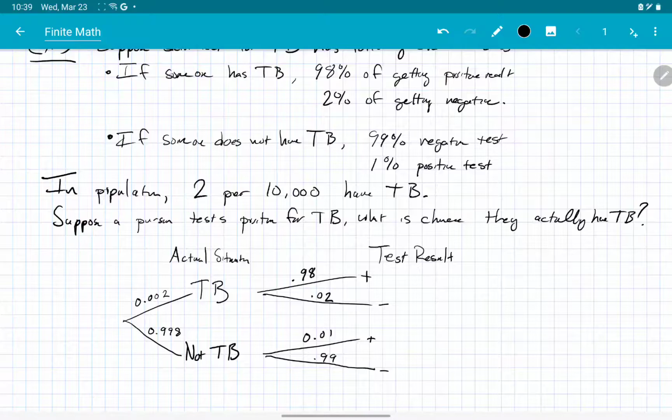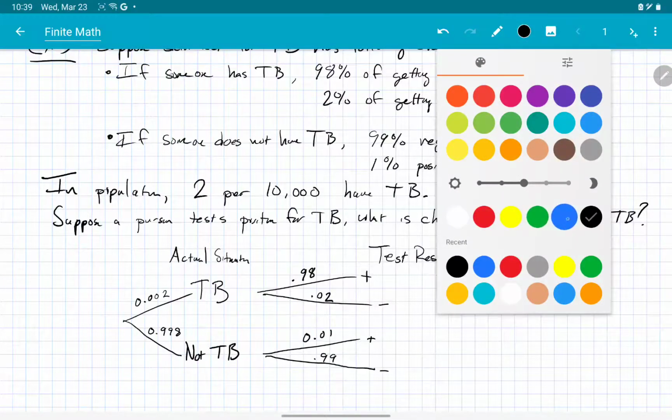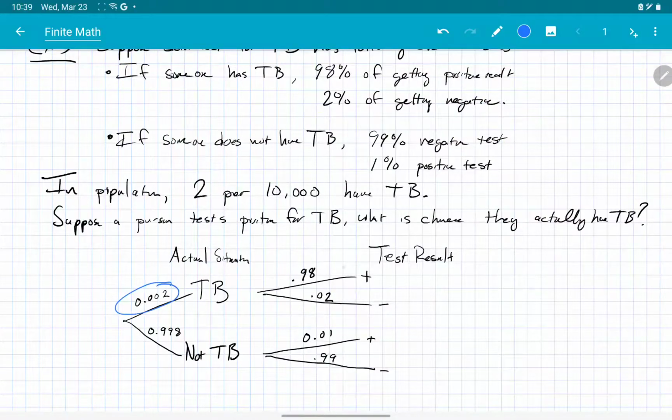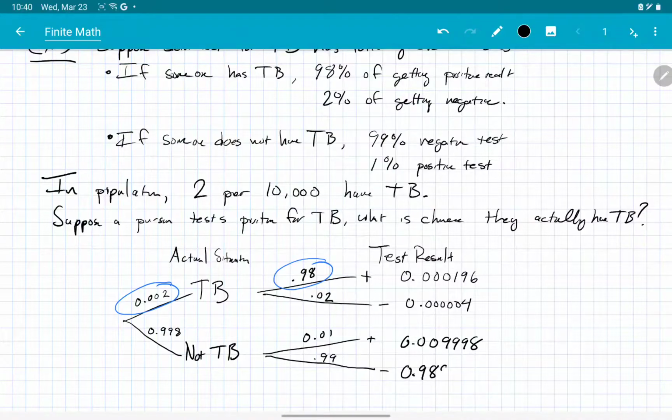Okay, so now we can do multiplication to figure out various probabilities. The numbers I'm going to write down here are given by multiplying the number on the left by the number on the right in the corresponding part of the result. So this is 0.000196, 0.000004, 0.009998, and 0.989802.